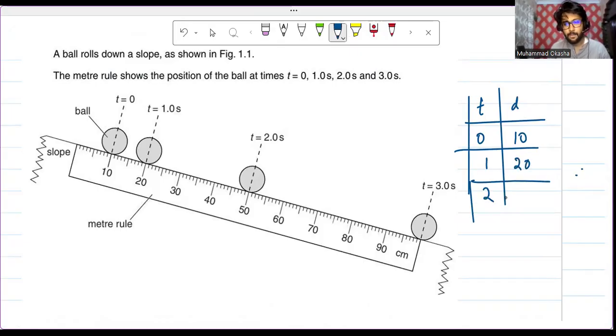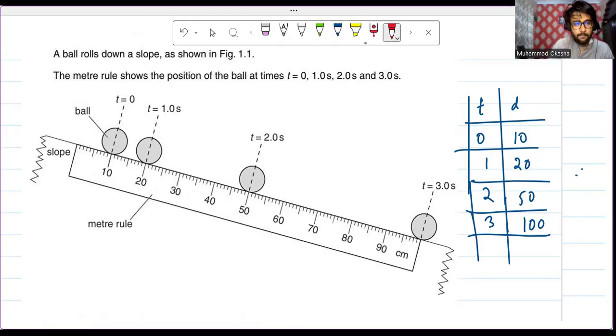When time was 2, the distance was 50. When time is 3, the distance is 100. If you very carefully notice, the body traveled only 10 meters in the first second. Then it traveled from 20 to 50, so it traveled 30 meters in the next second. And it traveled 50 meters in the third second.